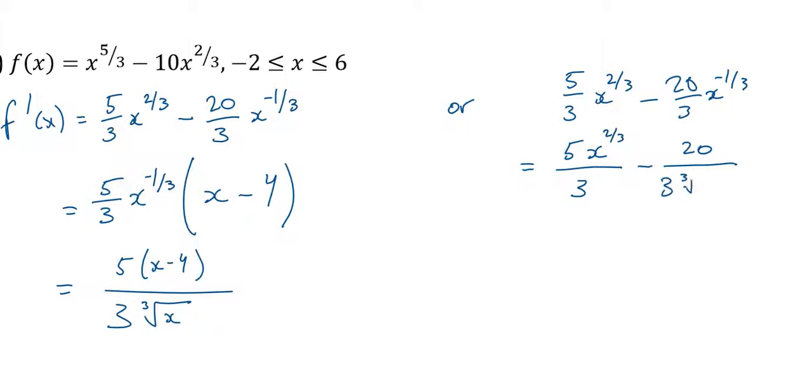So I already have 3 in both denominators, so I have to multiply this by x to the 1/3 over x to the 1/3, right? And if I want, I can common factor out the 5 at the same time. X to the 2/3 times x to the 1/3 is x again, minus 4, and I end up in the same place.